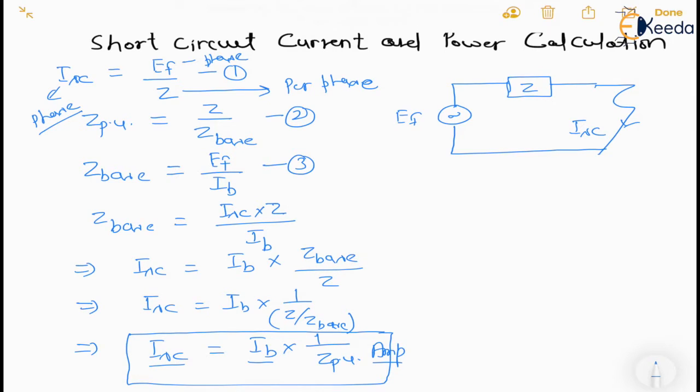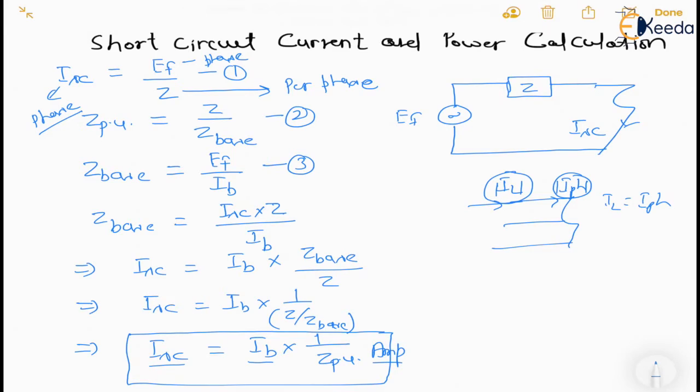Though we know that in case of star, if any fault or short circuit occurs, then the phase value would be equal to the line value. Always remember, whenever a fault comes, mod of IL will be equal to mod of Iph, or you can directly say the value of IL is equal to Iph. So do not need to worry.